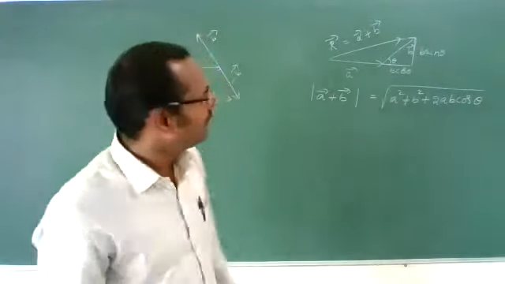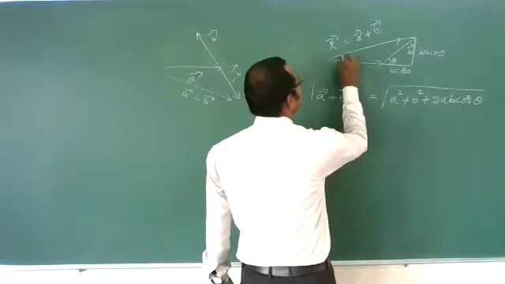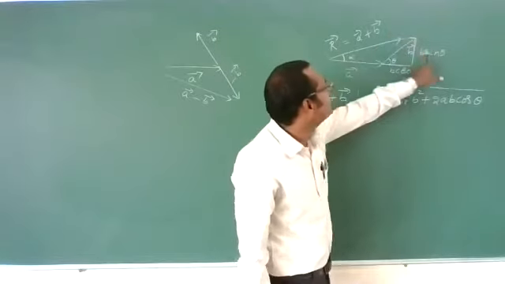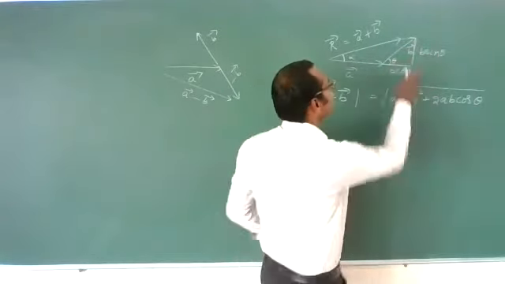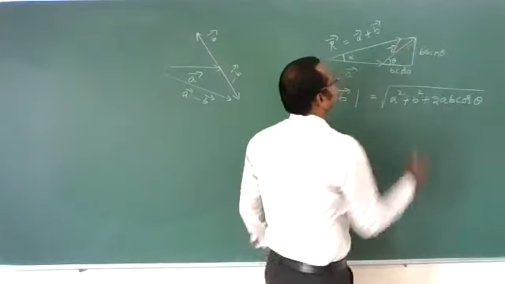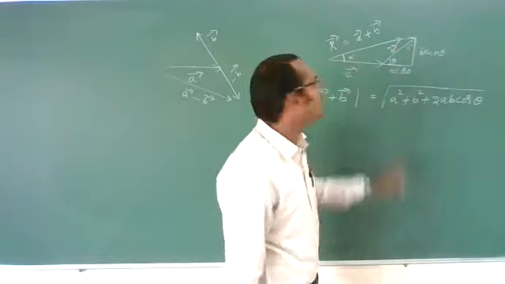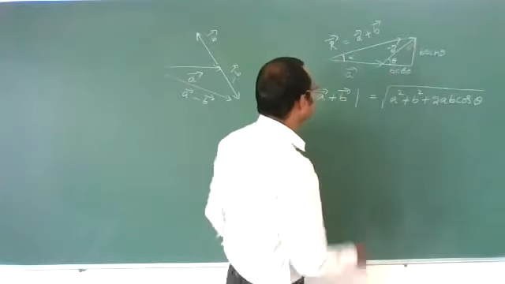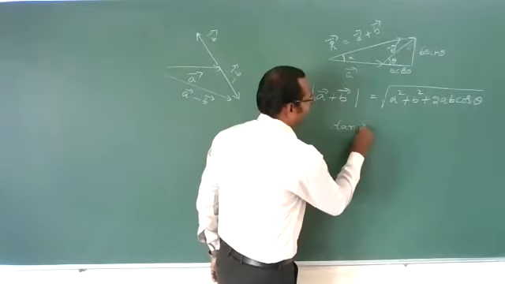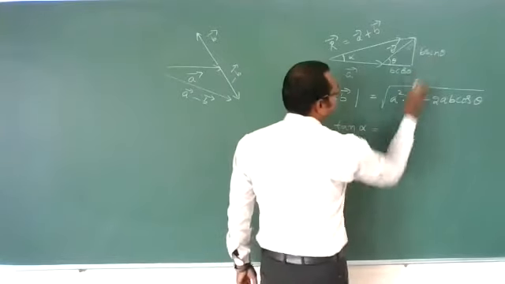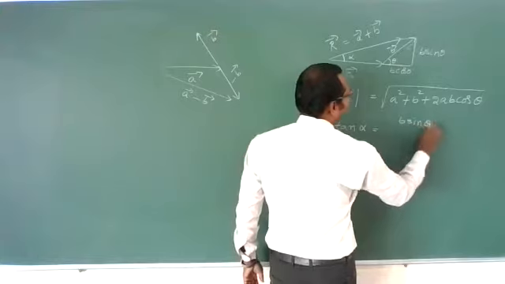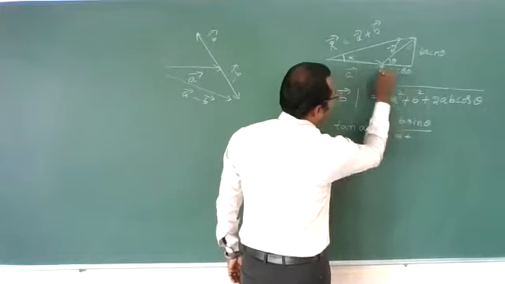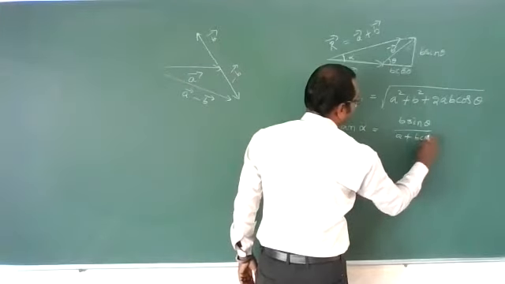Now, for finding the direction, let us imagine it is making some angle alpha. This B can be written as B sin theta here, and this B can be written as B cos theta here. Now, we are seeing a right angle triangle here. From this right angle triangle, what is tan alpha? Tan alpha is equal to the opposite side, B sin theta, upon the adjacent side, total up to A plus B cos theta.